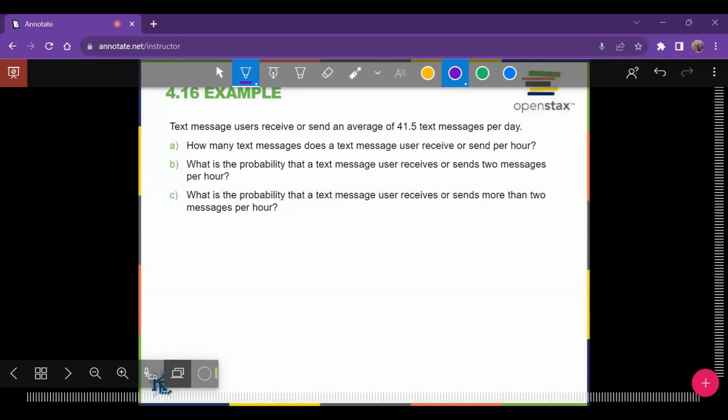So if in one day we have 41.5 texts in one day, well, we know that we have 24 hours in a day, right?